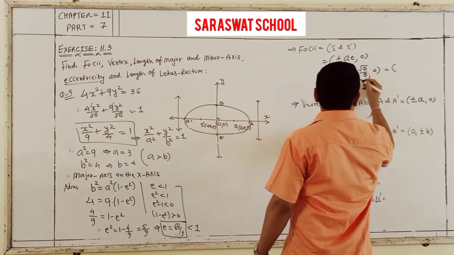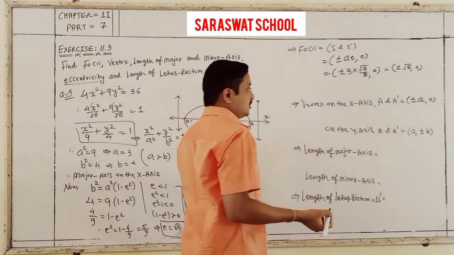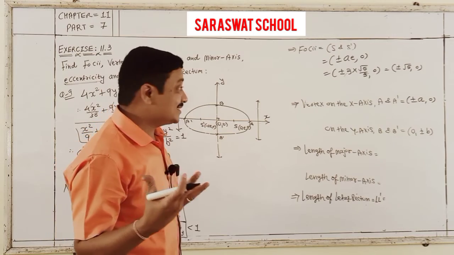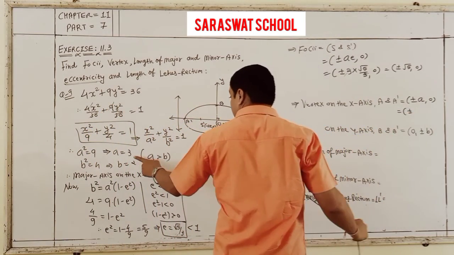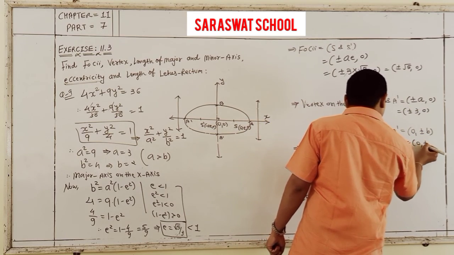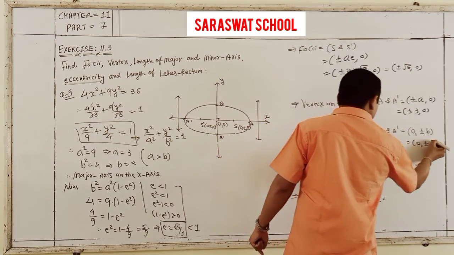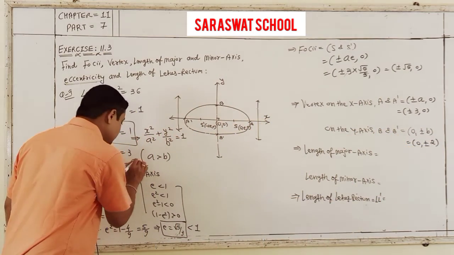My answer is plus or minus root 5 comma 0. Now on the x-axis, what's the value? a becomes 3. Same on the y-axis, b becomes 2. So 0 comma plus or minus 2. Here b is 2 exactly, yes students.